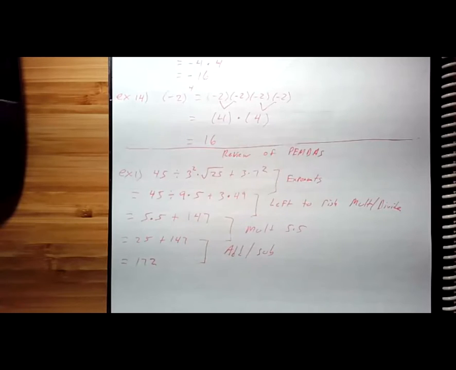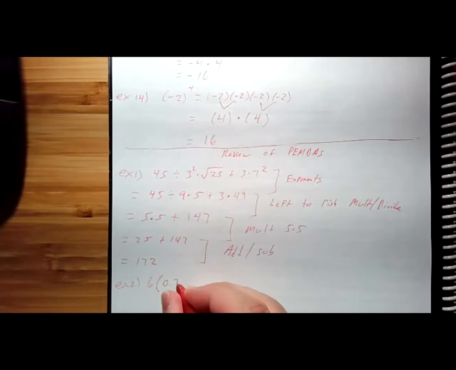Okay, let's see. Let's find another one here. This one looks annoying, but I guess we could do it. 0.7 minus 0.2.